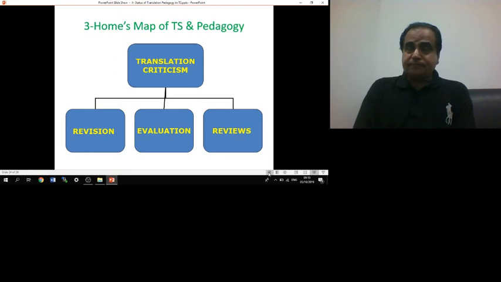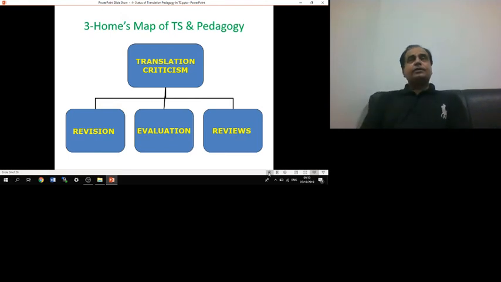Translation criticism is also very important related to translation pedagogy. Here you see three things have been mentioned, and I think it is better to differentiate them. Let's start from the left side, which is revision. When we say translation criticism, in the classroom setting, students translate a text and then give it to the teacher, and the teacher revises the translation.